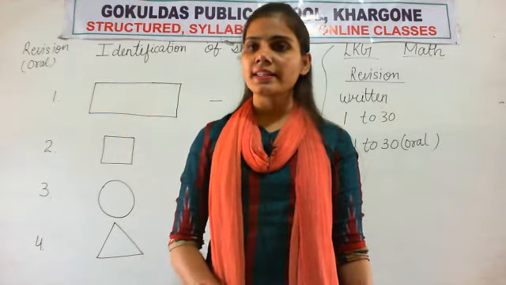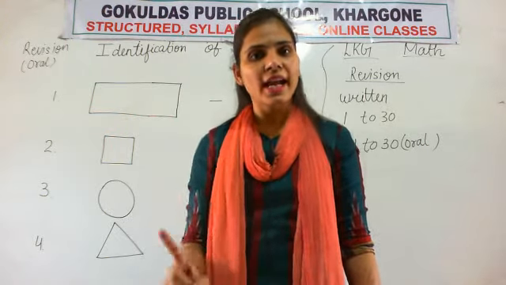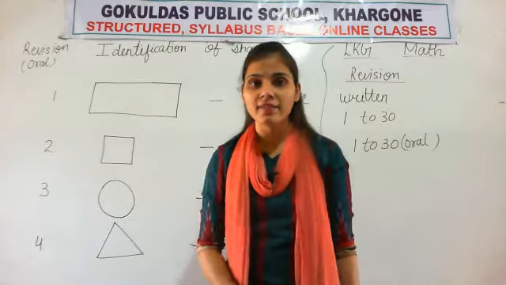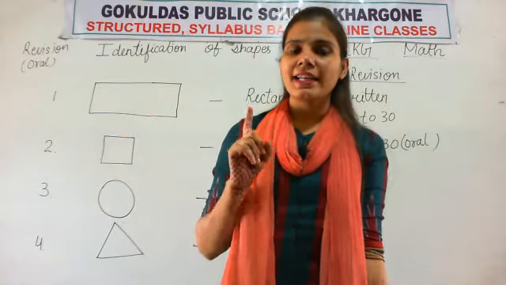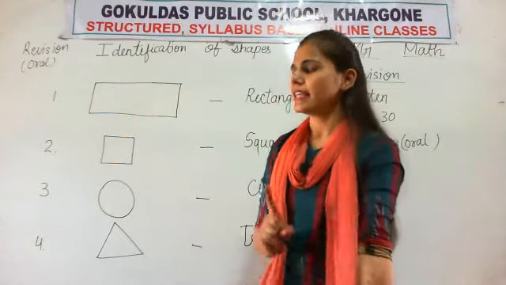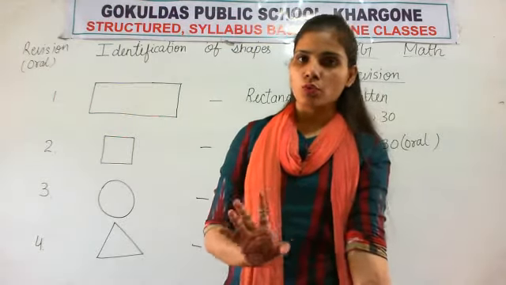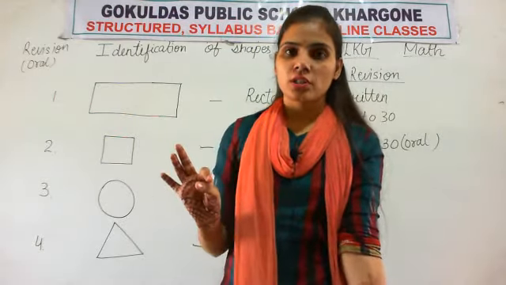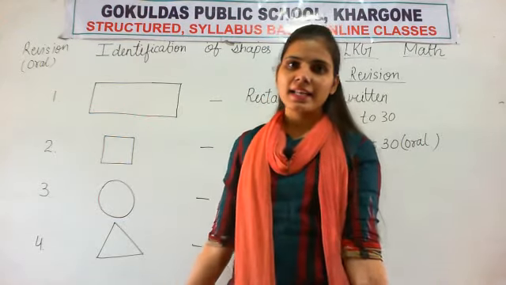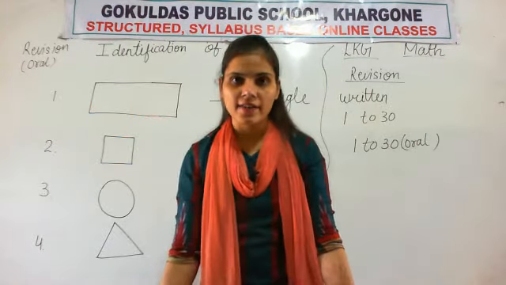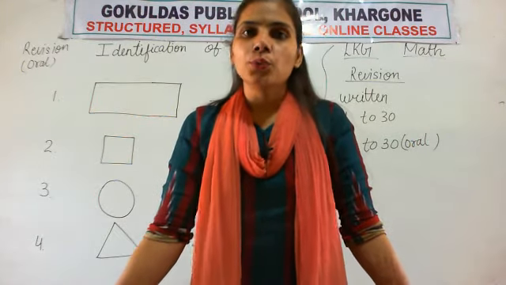Okay, not only say 10. 1, 0, 10. Then 1, 1, 11. 1, 2, 12. Okay, say like this. Don't say 11, 12, 13. No. This is wrong formation. You say 1, 0, 10. Then 1, 1, 11. 1, 2, 12.